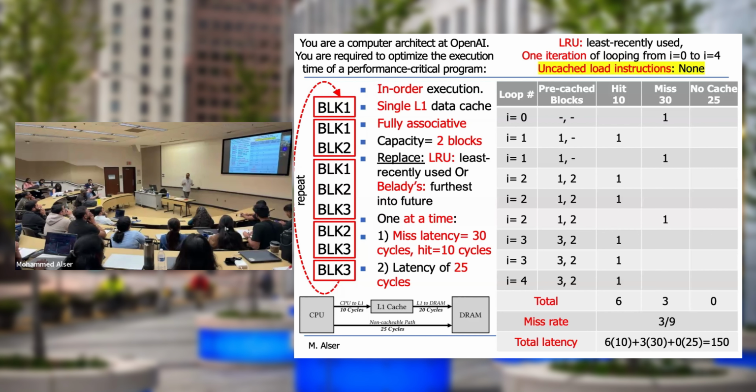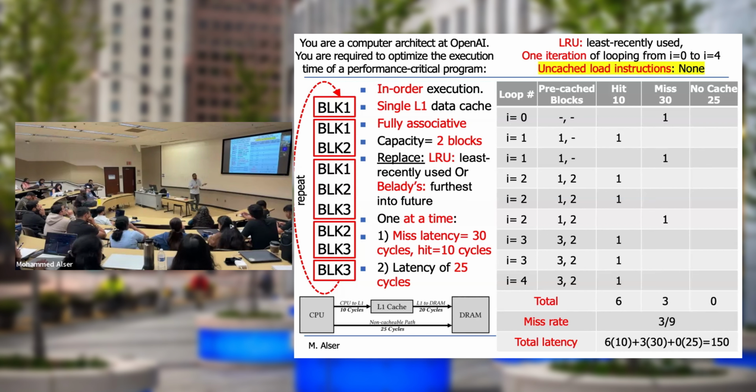Now, least recently used, among the ones in the cache, which one was used earlier? Block 1. Okay, because block 2, I just used right now, and block 1 was earlier. So I should replace which one? Block 1, right? Now I'm here. Yeah, so now I replaced in the next line, not in the current line.